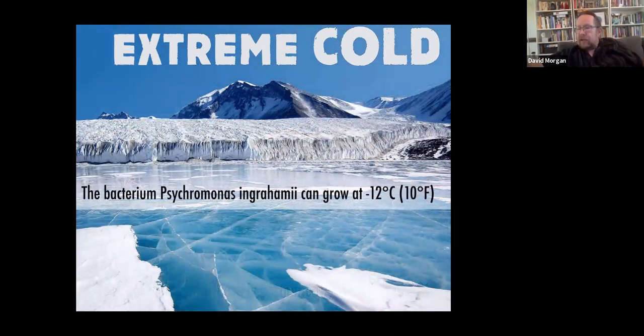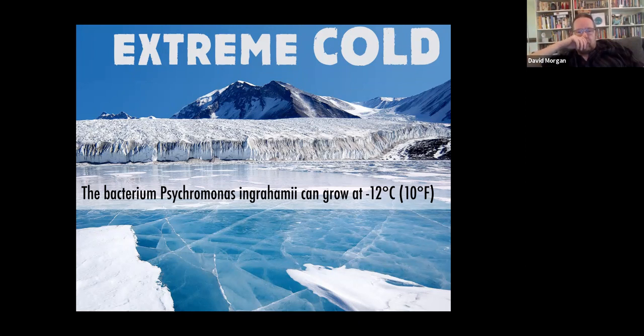There are bacteria that can grow at temperatures below the freezing point of water, as cold as 10 degrees Fahrenheit or 12 degrees below 0 Celsius, which is remarkable when you think of the fact that living organisms usually require liquid in order for their parts to move around.